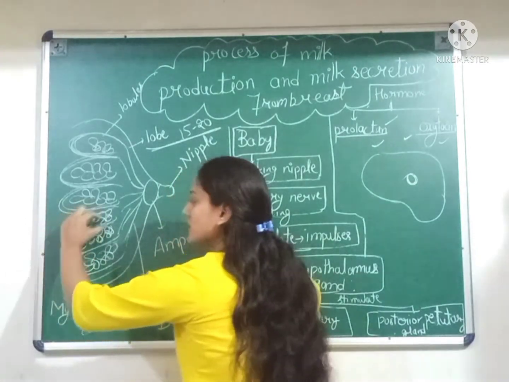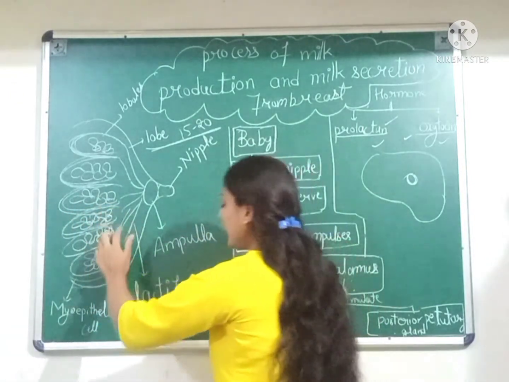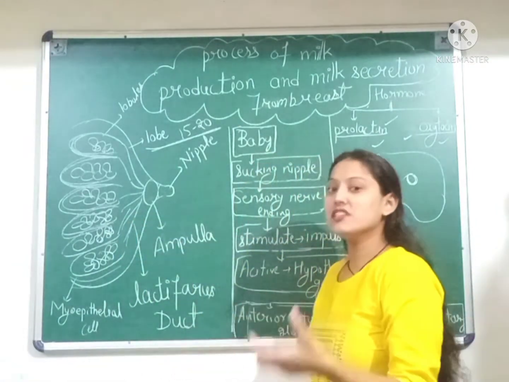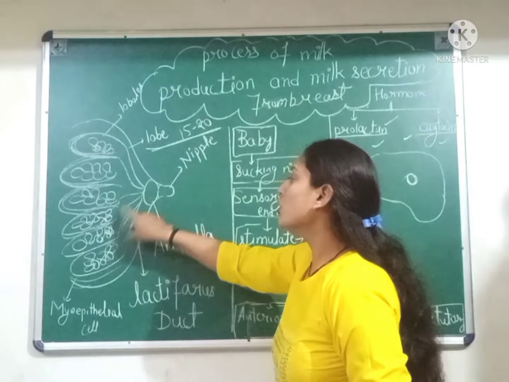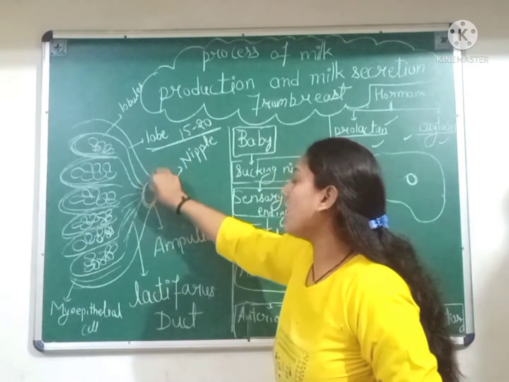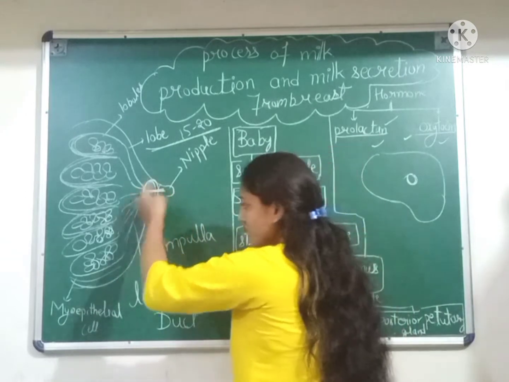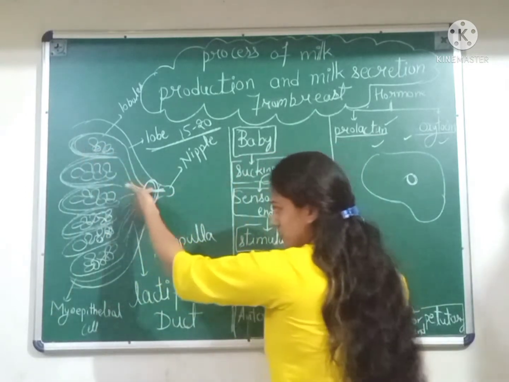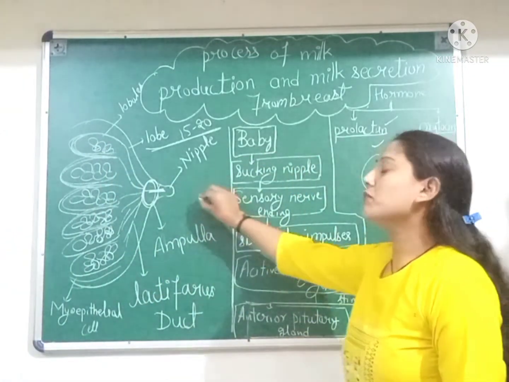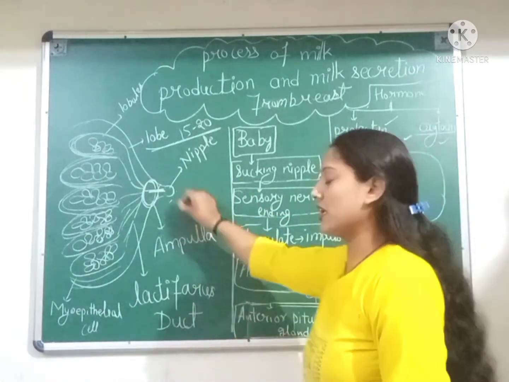The milk then goes through the lactiferous duct, through the ampulla, and to the nipple, and when the baby sucks the nipple, it easily takes the milk.